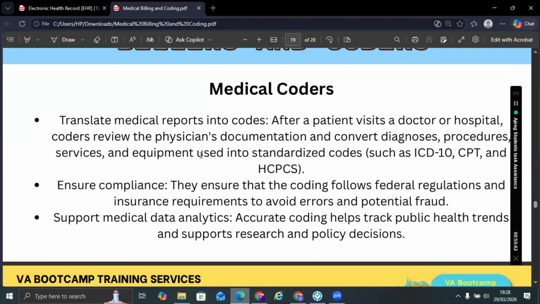And then ensure compliance. They ensure that the coding follows federal regulations and insurance requirements to avoid errors and potential fraud. Support medical data analytics. Accurate coding helps track public health trends and supports research and policy decisions.